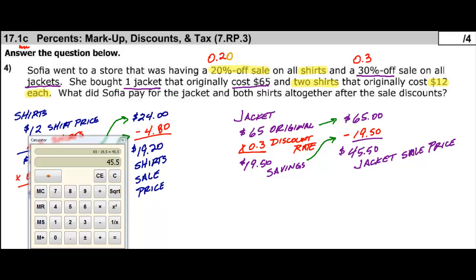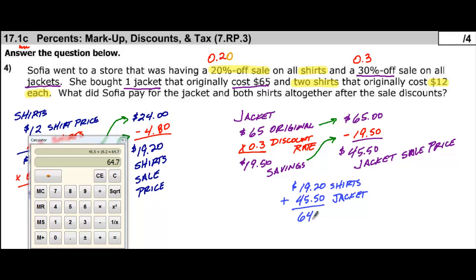So the only thing I have to do now is take my 19.20 for the shirts and my 45.50 for the jacket and add those together, since that's the question. Well, my 45.50 is already in my calculator. I will add my $19.20.